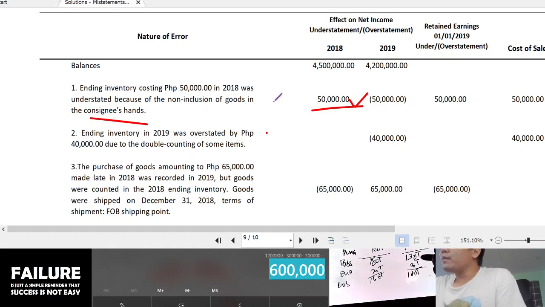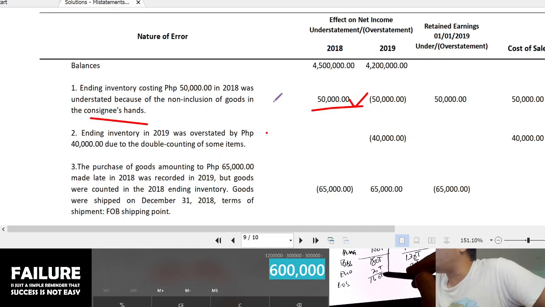So what is the effect? The cost of sales is understated, because if you may notice, ito yung correct natin, 160,000, di ba? Yung error natin is 110, so it is understated by 50,000.